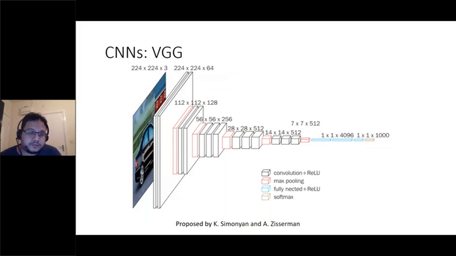And as you can see here, it's even a lot more complex. So we had here 64 filters and it doesn't show what the size of the kernels is. I think it's probably 3 by 3. So we have here 2 layers of 64, then 128, then 256, then multiple 512.